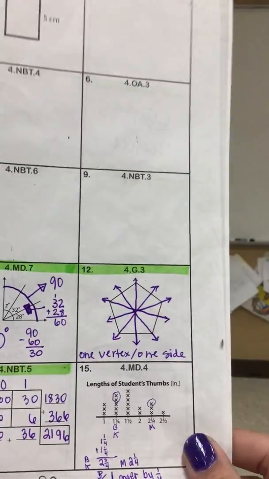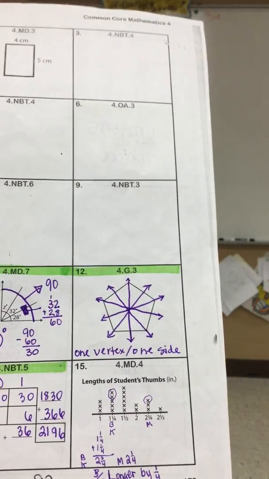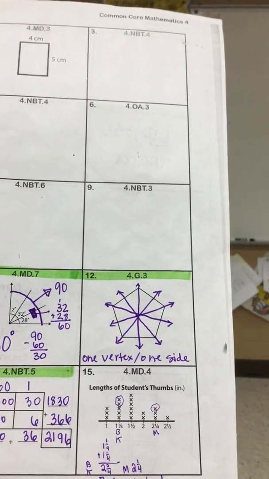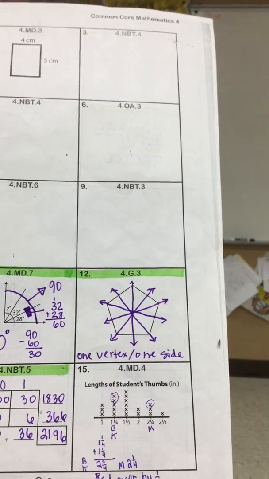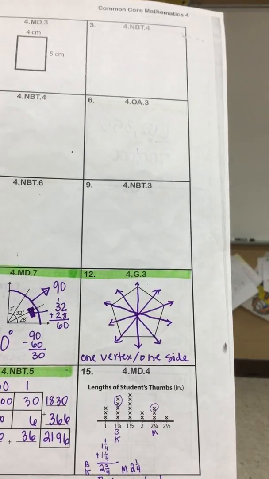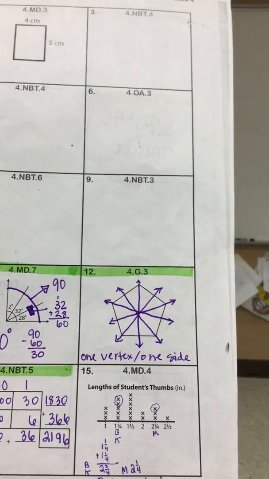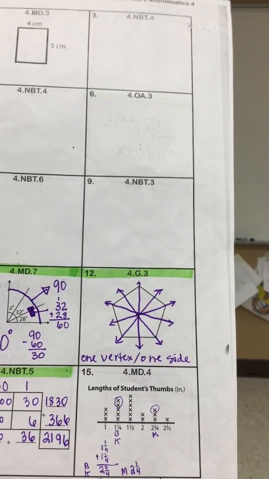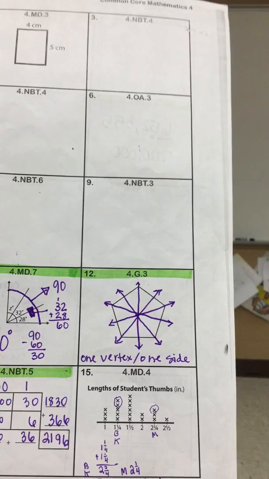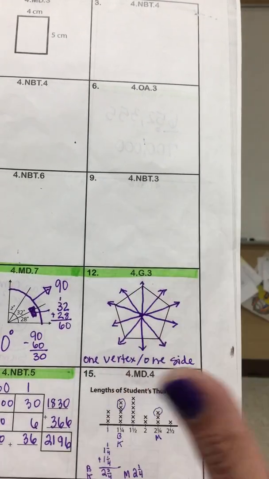On number 12, we have a regular polygon. It asked us to draw the lines of symmetry, which if it's a regular polygon, means that however many sides it has, that will be how many lines of symmetry it has. So since this is a regular pentagon, penta meaning 5, that would tell us that we are going to draw 5 lines of symmetry.